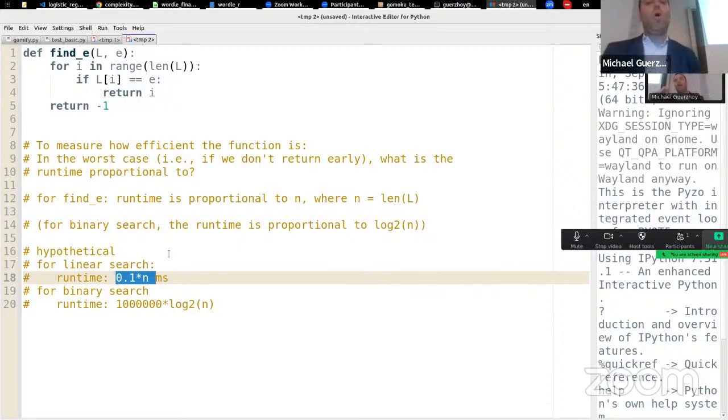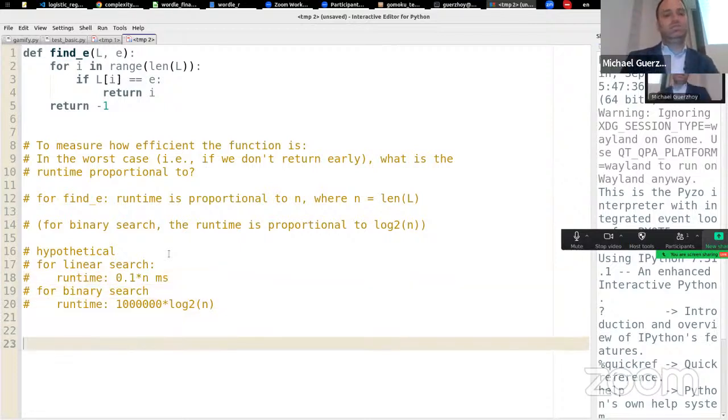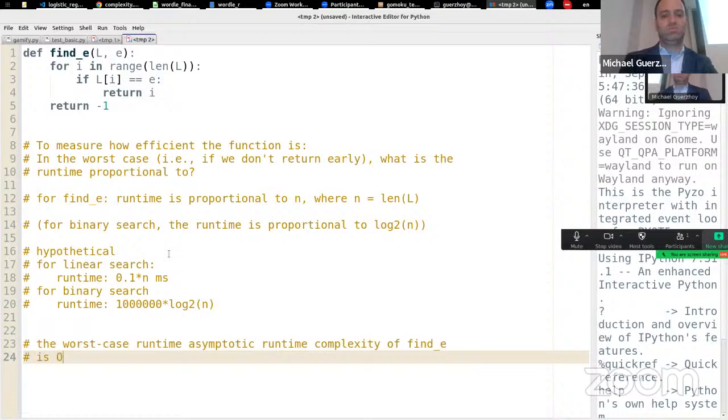So, okay. The way we write it is we say the worst case runtime complexity, it's asymptotic, is O of n for n equals length of L. So what does it mean?